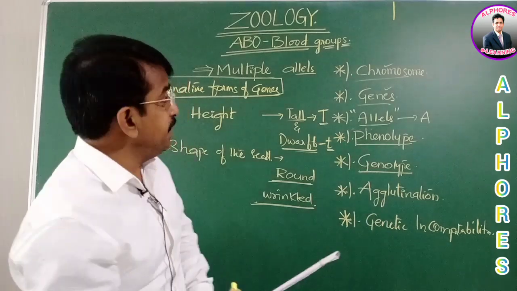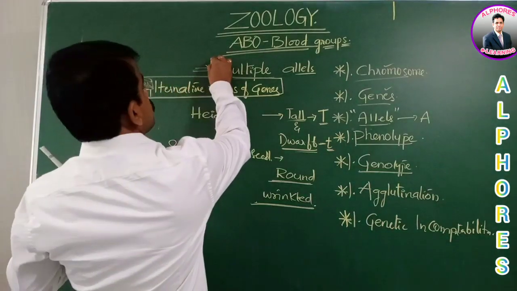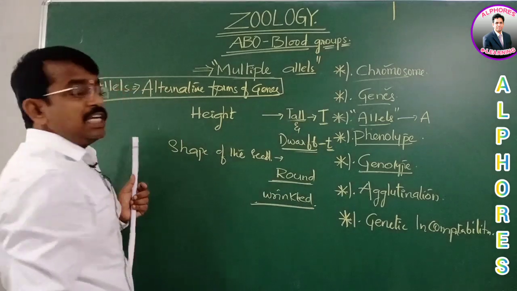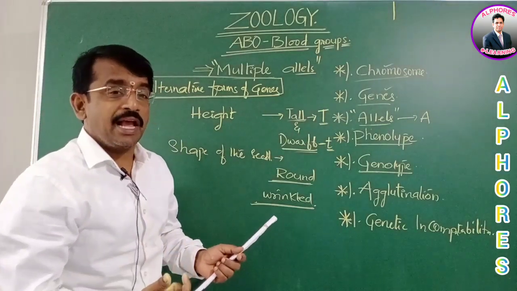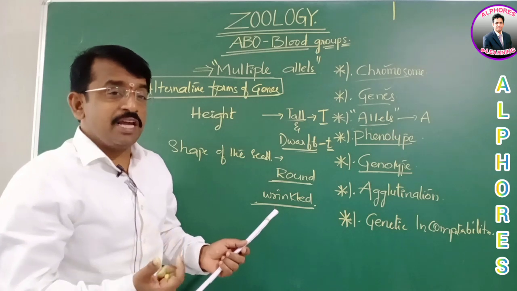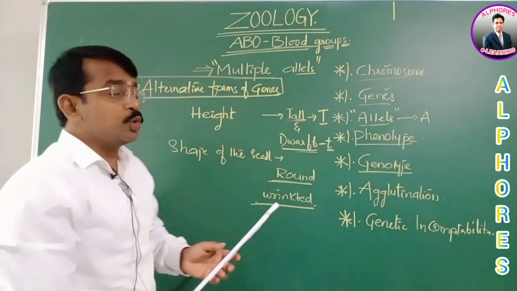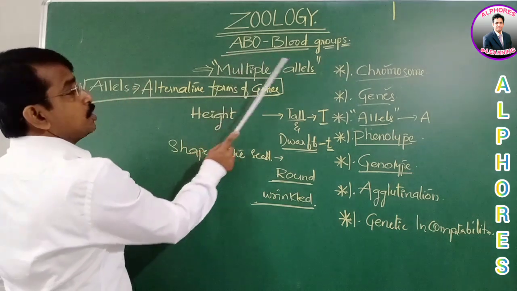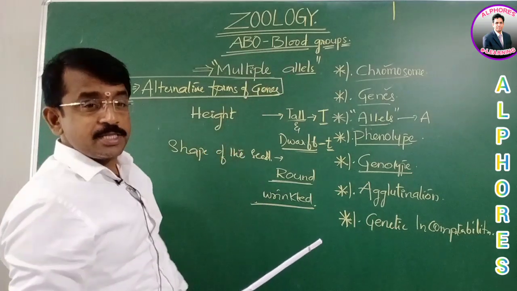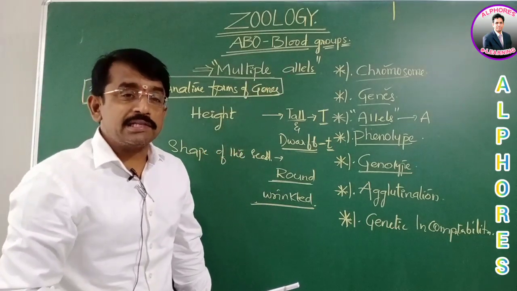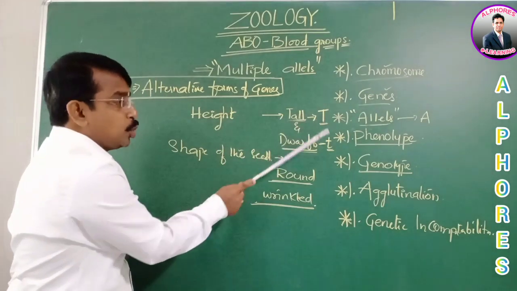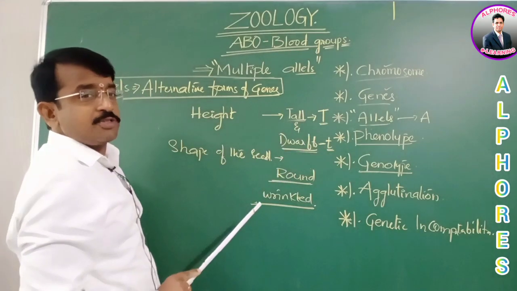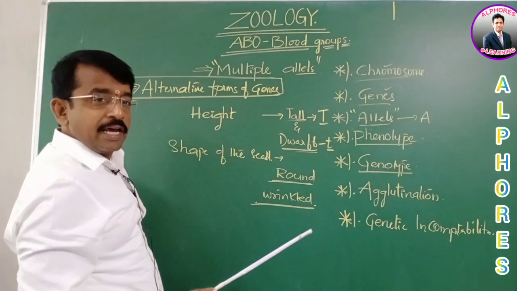But there are certain instances where we find multiple alleles. What do you mean by multiple? Many. If a gene has more than two alleles, it refers to multiple alleles. Here a character normally has two alleles only, so two contrasting traits for a character.